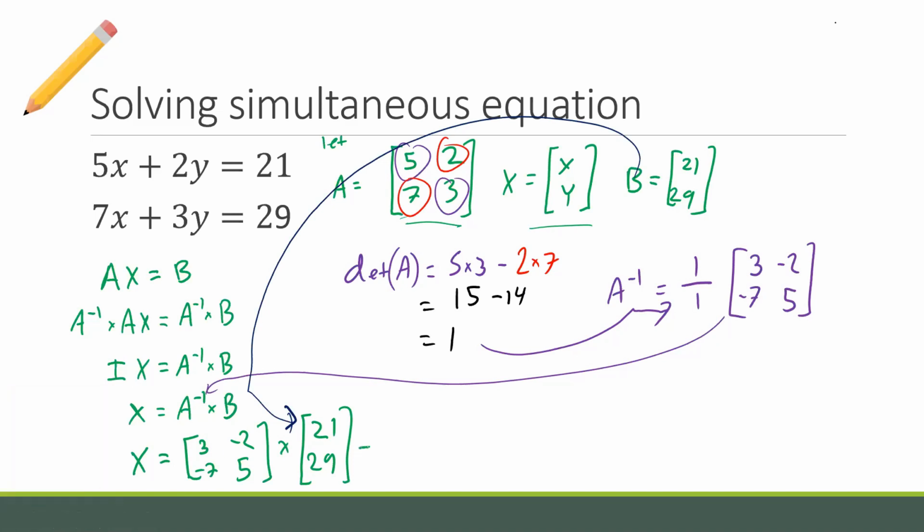Now, if I was to multiply these along, this is going to be painful, by the way. I would get a 2 by 1 matrix. I'm going to end up with 3 times 21 minus 2 times 29.